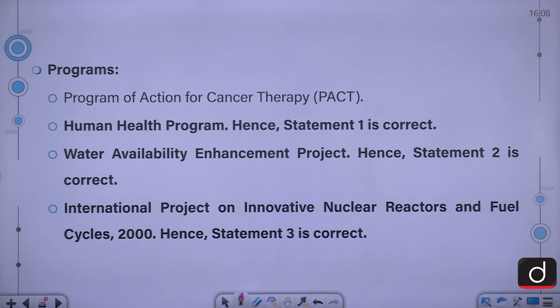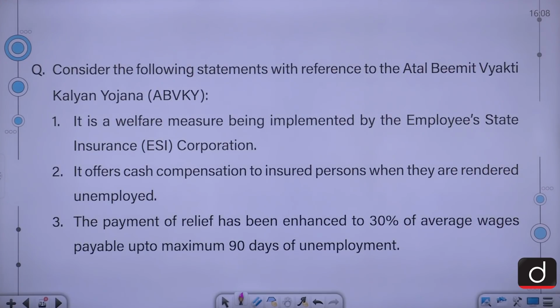If we talk about its programs, it has programs such as Program of Action for Cancer Therapy, Human Health Program, Water Availability Enhancement Project, International Project on Innovative Nuclear Reactors and Fuel Cycles of 2000.